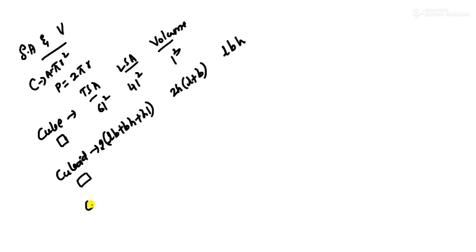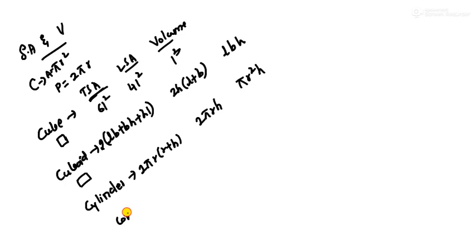Next, the circular cylinder. For this you have the formula TSA 2 pi r into (r plus h). I am writing TSA first for all. Here LSA is just 2 pi rh, and volume is pi r square h. Next for the cone, I'm drawing rough figures here.